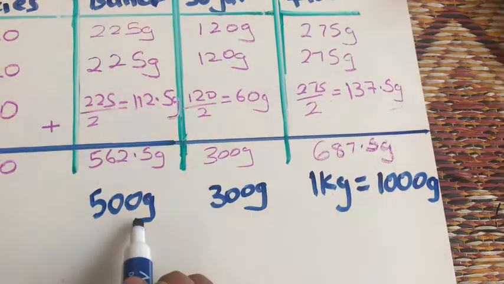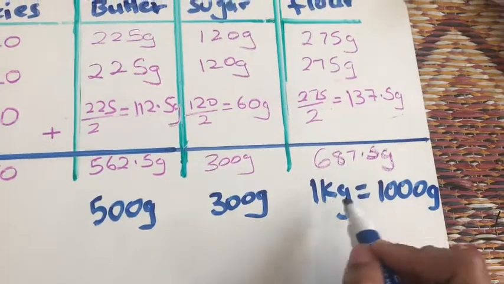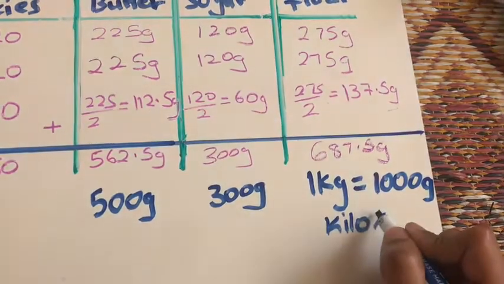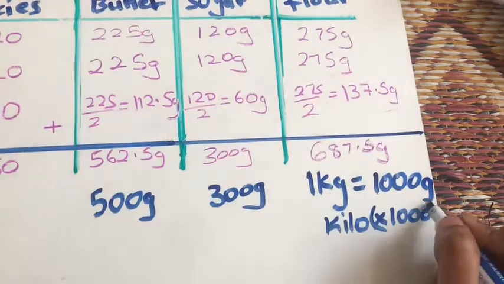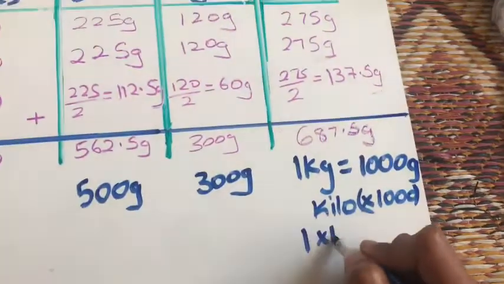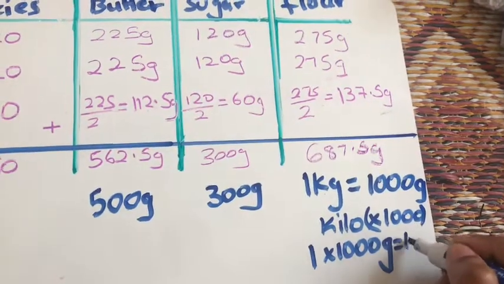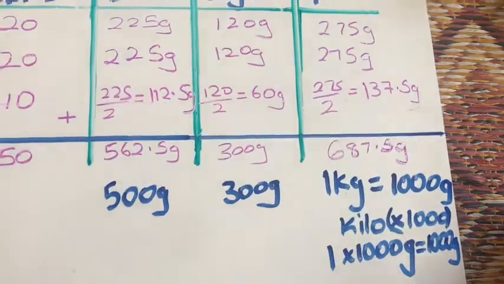Because we're all dealing with grams, it's easier to have grams here as well. And we know 1 kilo just means times 1000. That's what it means. So it's 1 times 1000 grams, which is 1000 grams. That's something in case you didn't know.